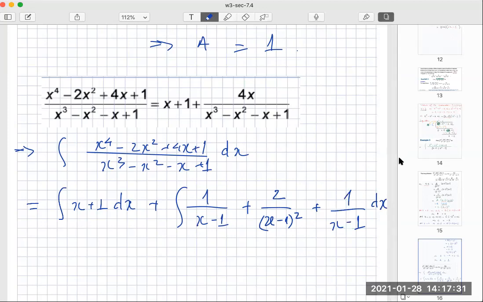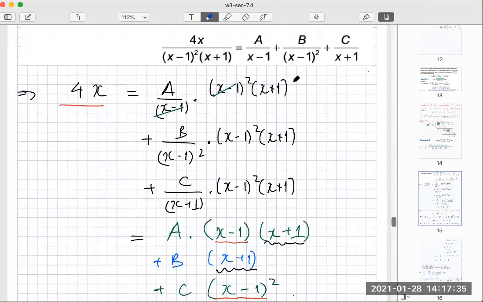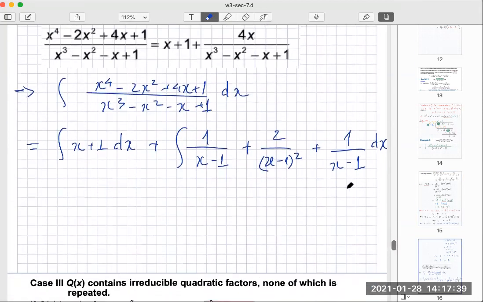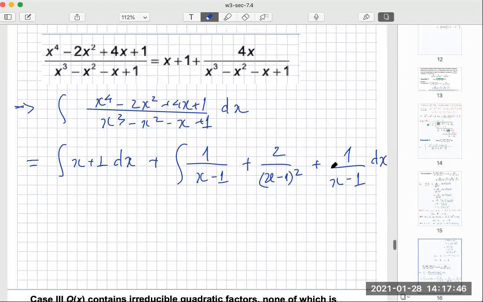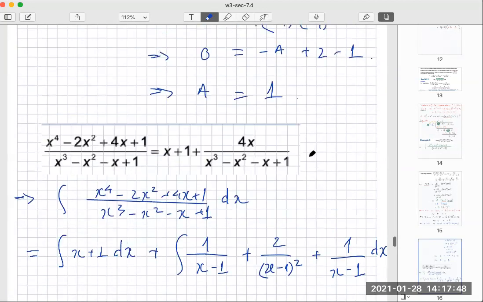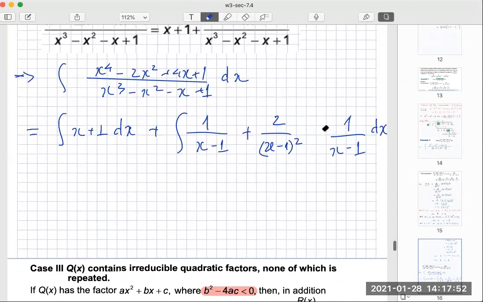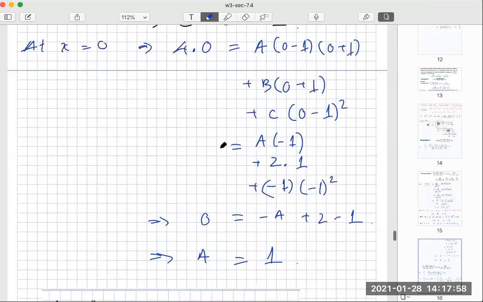Okay. Good job. So does it make sense? C is -1. Oh yeah, yeah, -1. Yeah. Good job. Thank you. Oh, here, yeah, here's plus. Very good.